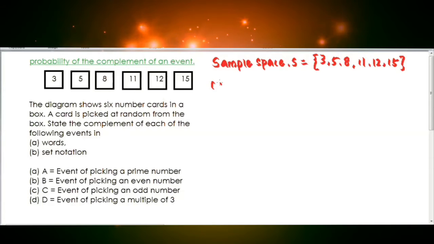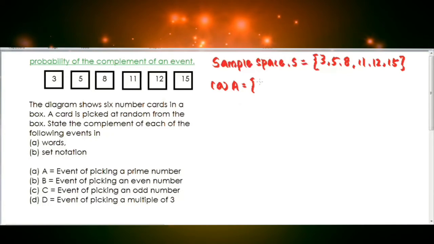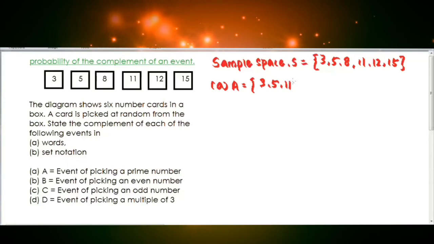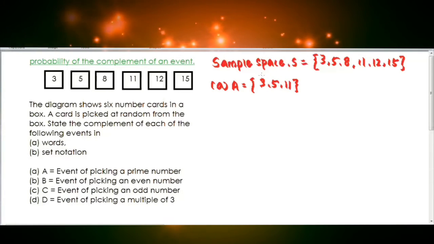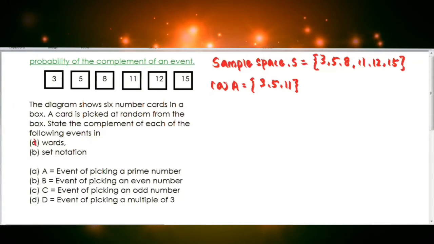Question A: the event of picking a prime number. The prime numbers here are 3, 5, 11.